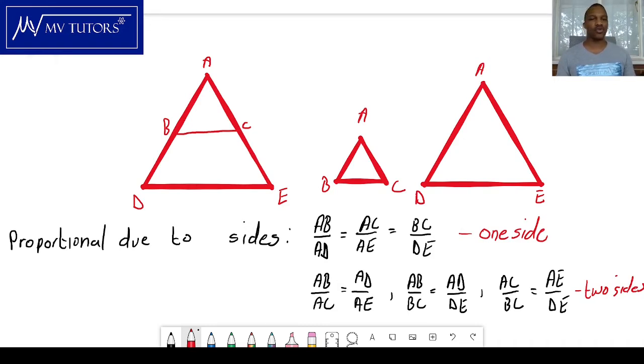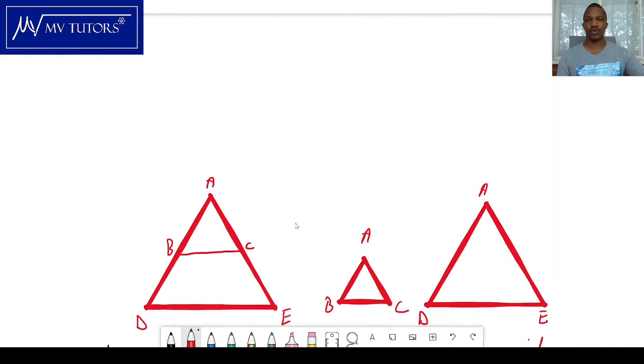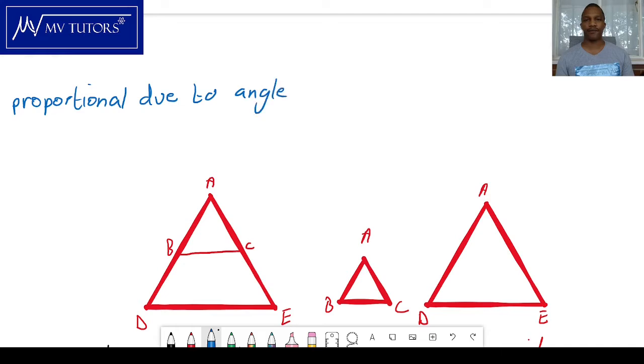But also we can do the same. We can do proportionality due to angles. Let me just do that real quick on top here. Let's say proportional due to angles. So how do we look at this then when we are actually looking at angles?